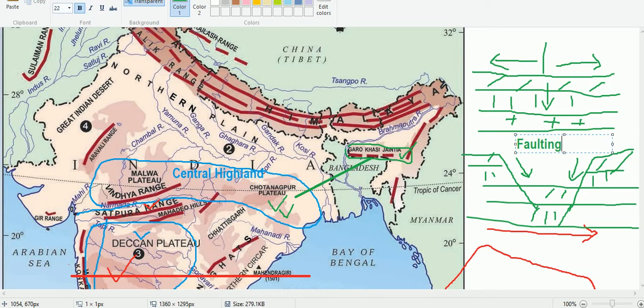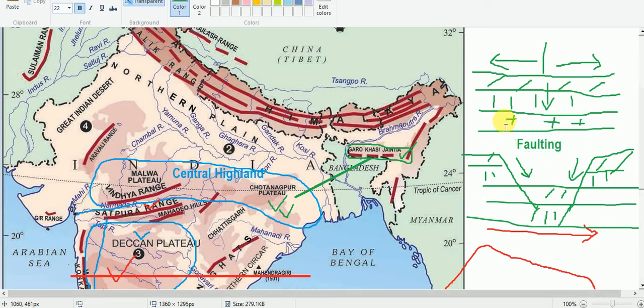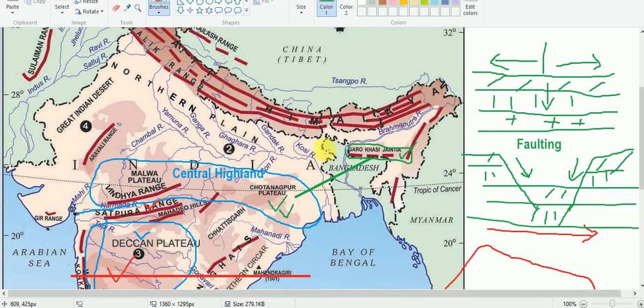Because of faulting of this area, this West Bengal and Bangladesh area, the Shillong Plateau or the Meghalaya Plateau was separated from the Peninsular Plateau because of this process. So this side becomes the Shillong Plateau, Meghalaya Plateau, and this side becomes the Chotanagpur Plateau area. And this is the West Bengal and Bangladesh area.